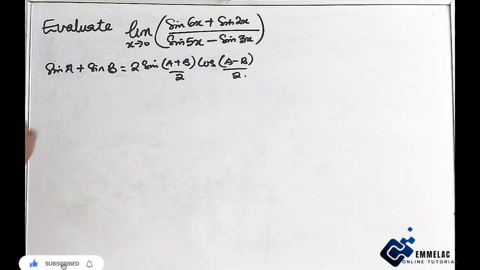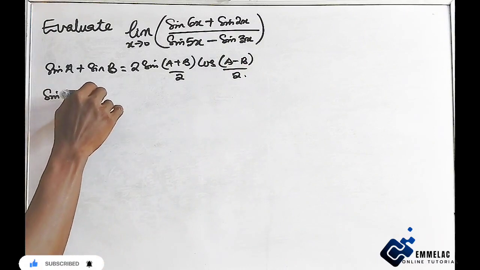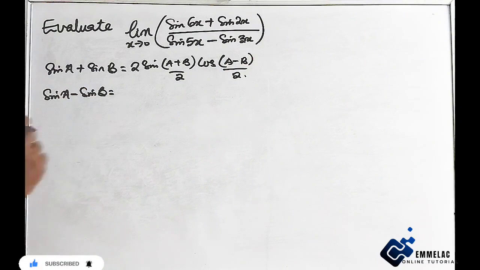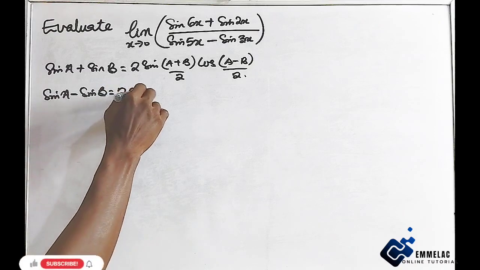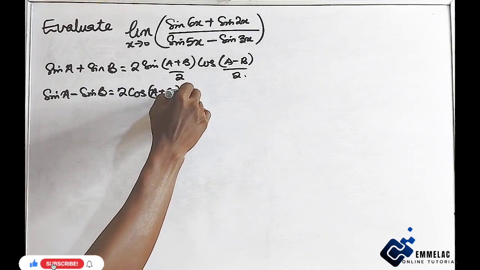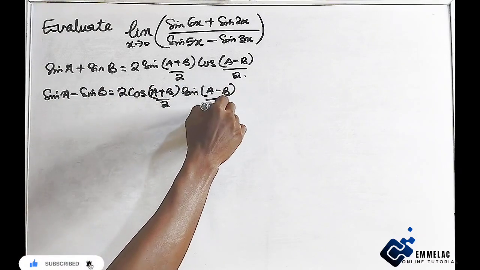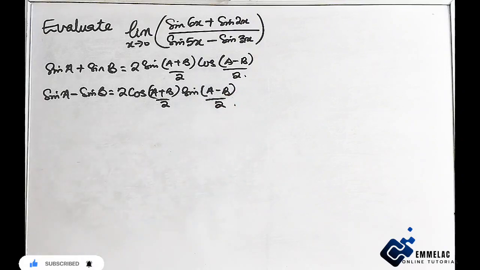And in the case of sin A − sin B, this gives us 2 cos((A + B)/2) sin((A − B)/2). We'll be using this rule to solve the above function.